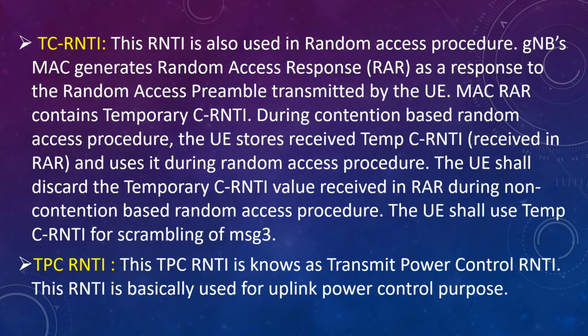The UE discards the temporary C-RNTI value received in the RAR during the non-contention-based random access procedure. The UE uses this temporary C-RNTI for scrambling of message 3 basically.